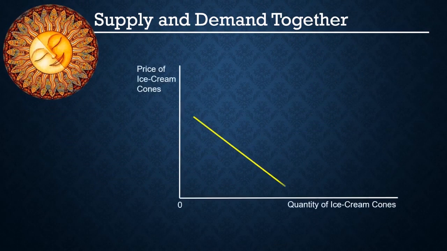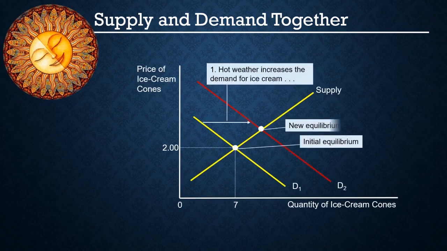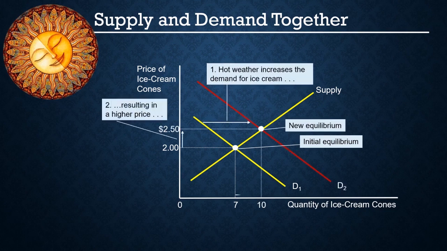The demand curve shifts from D1 to D2, which causes the equilibrium price to rise from $2 to $2.50, and the equilibrium quantity to rise from 7 to 10 cones. An event that raises quantity demanded at any given price shifts the demand curve to the right. The equilibrium price and the equilibrium quantity both rise.